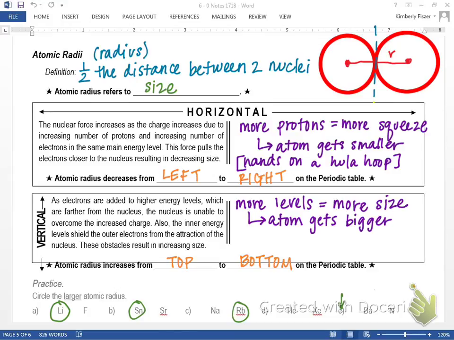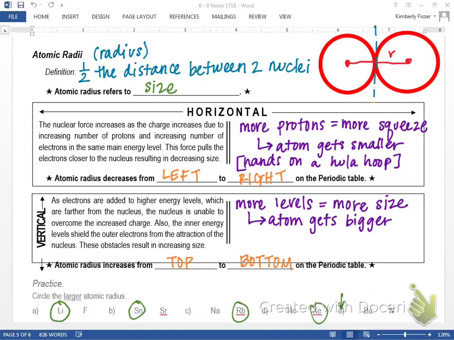How many rings does helium have? 1. How many rings does xenon have? If you go all the way back over to the left, xenon has 6. Xenon wins.